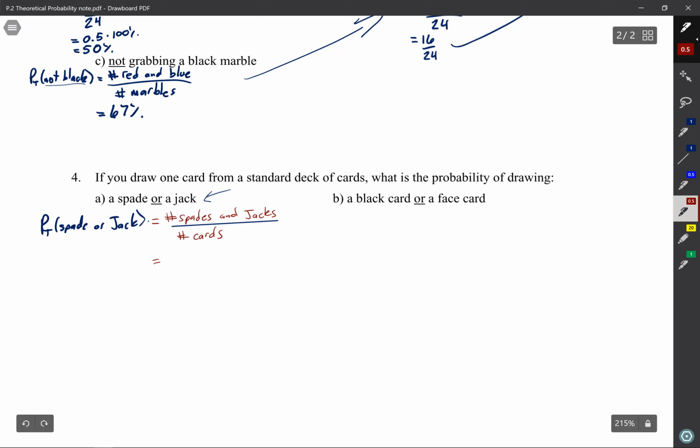And I know there are 13 spades, and I know there are 4 jacks, and 52 cards. That equals 17 divided by 52, and if I put that into my calculator here, then it equals 0.33.